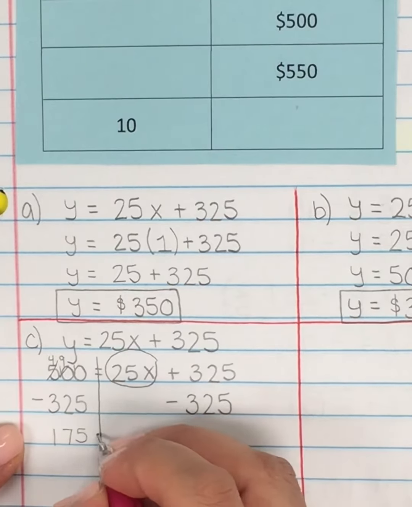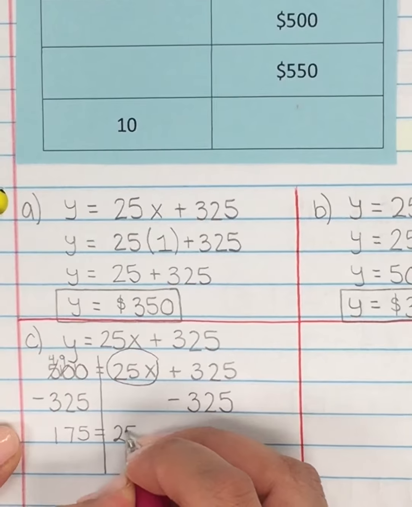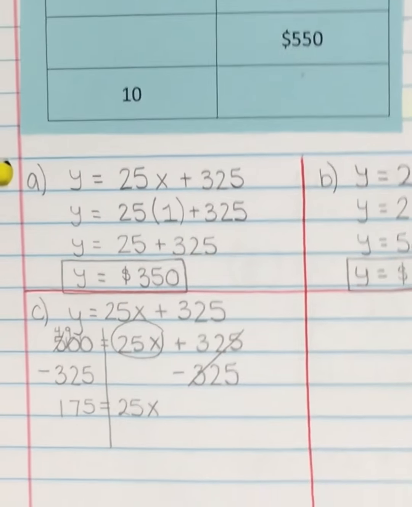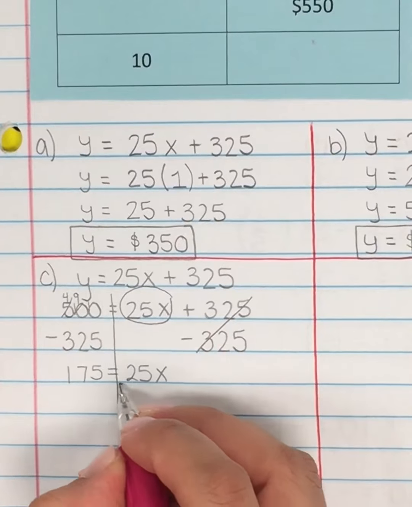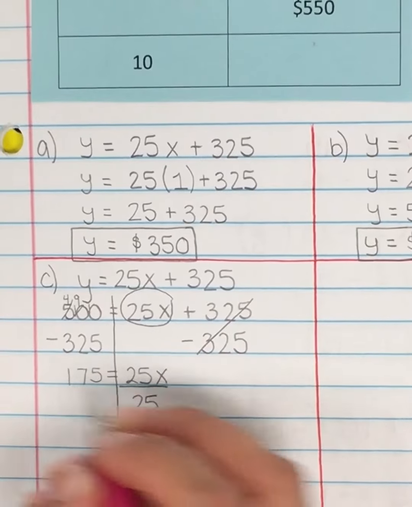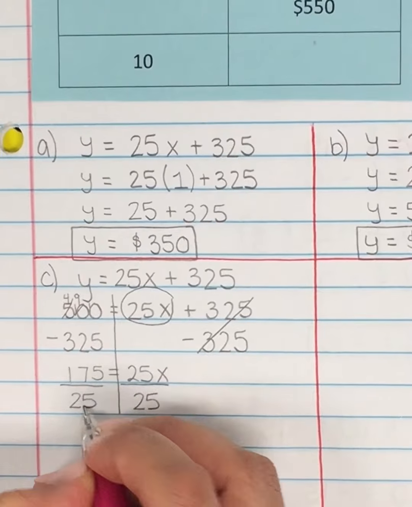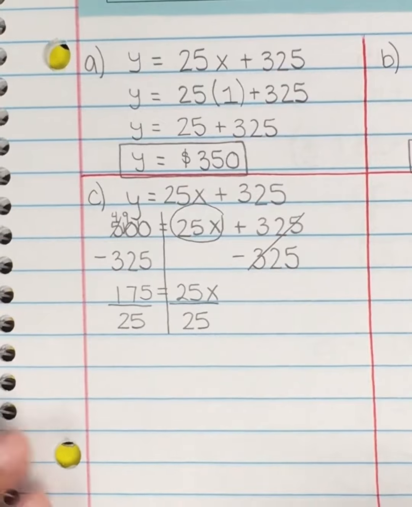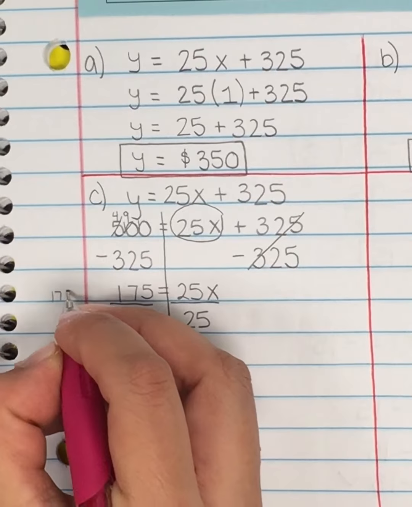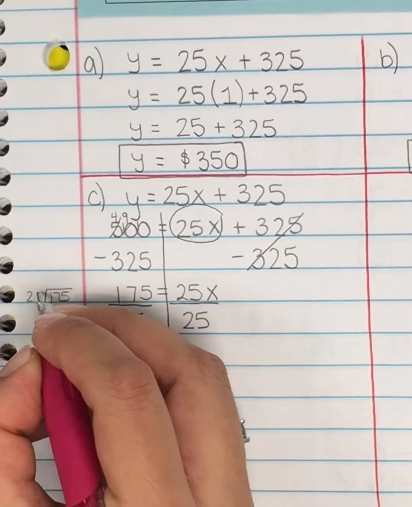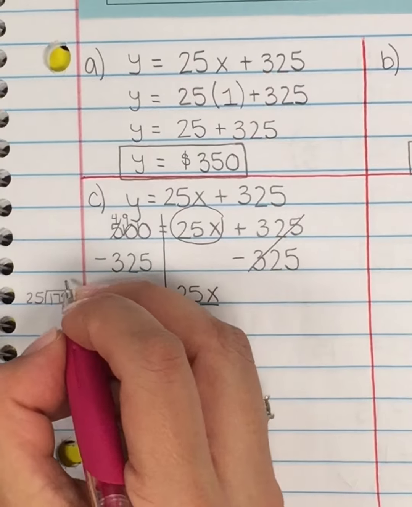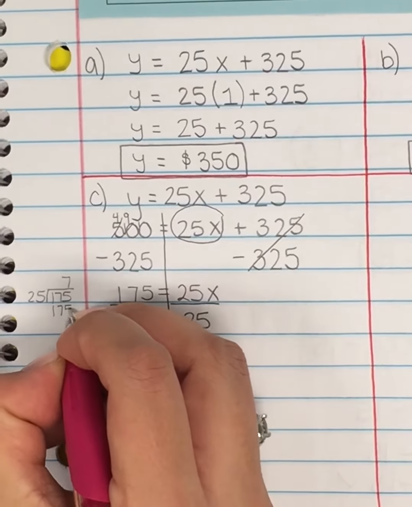I got 175 equals 25x. These 325s cancel, which is what I wanted. And the last step is to divide by 25 on both sides. Go ahead and do that off to the side. 175 divided by 25 should be exactly 7 times.